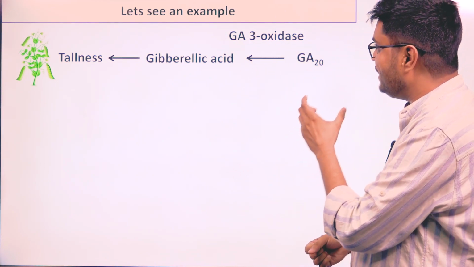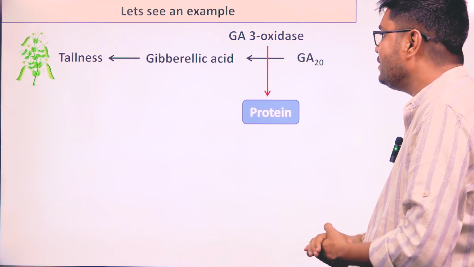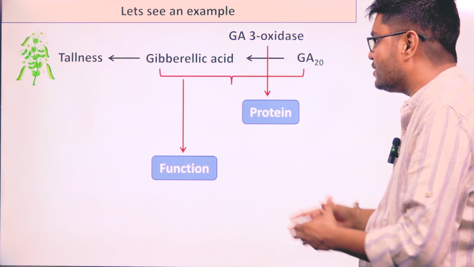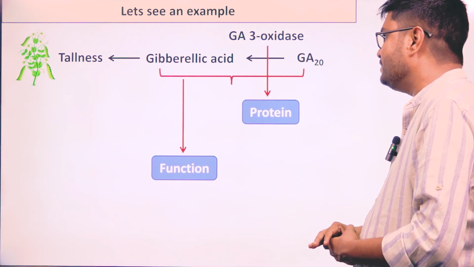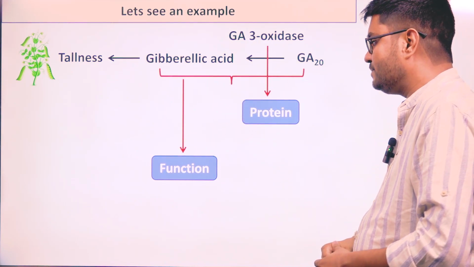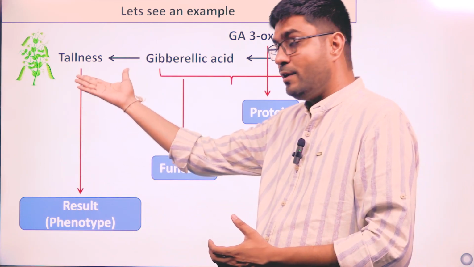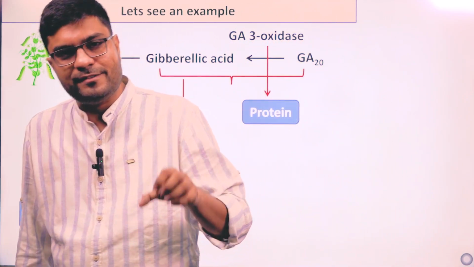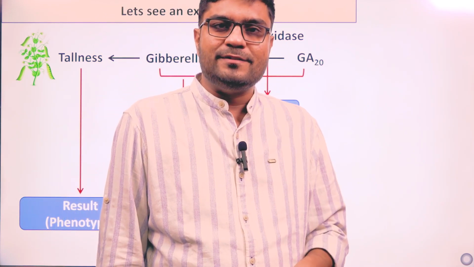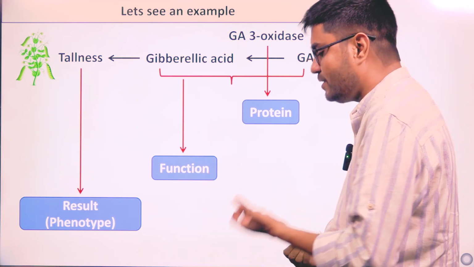Which protein? GA3 oxidase. So we are having a protein which is doing a particular function. Which function? Conversion of precursor GA20 into gibberellic acid. And because of this function, we are getting a result, that is tallness, and that is our phenotype. So our definition is fitting, that phenotype is the result of a particular protein function.